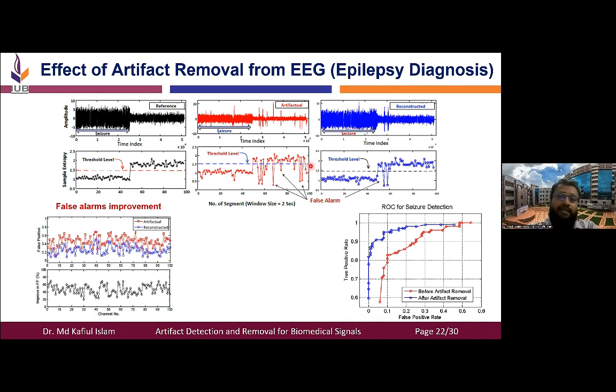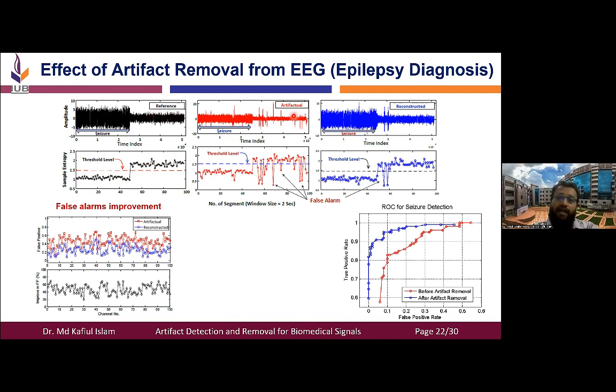The idea is that before the signal was contaminated with artifact, the seizure activities and non-seizure activities can easily be identified through some feature like sample entropy. If you apply a simple threshold, you see that below the threshold represents the seizure activities, and sample entropy above the threshold value represents normal brain activities.